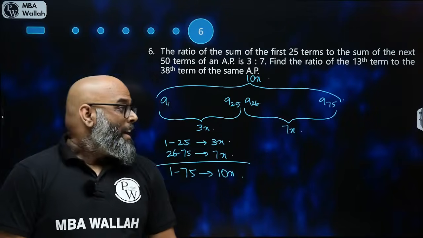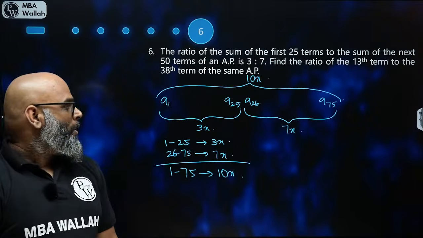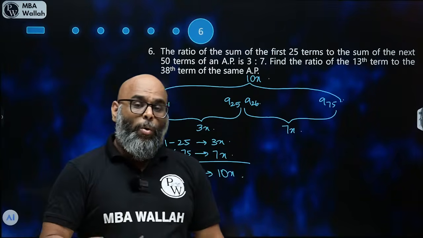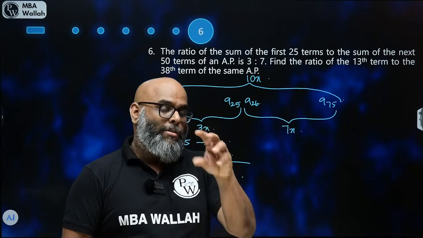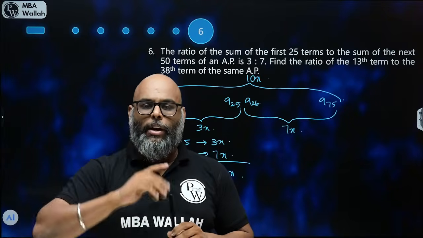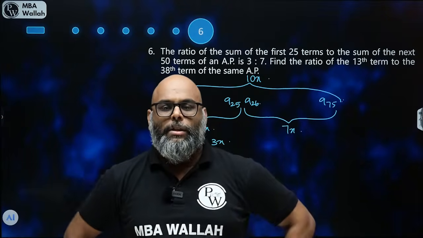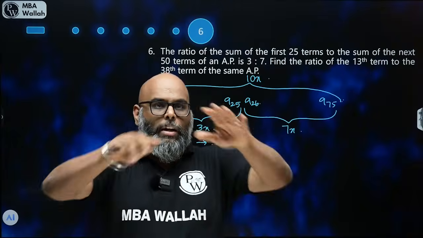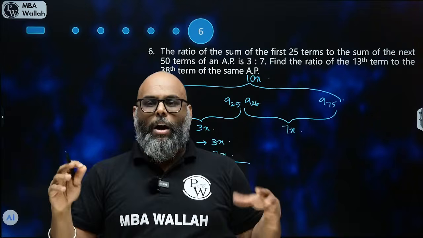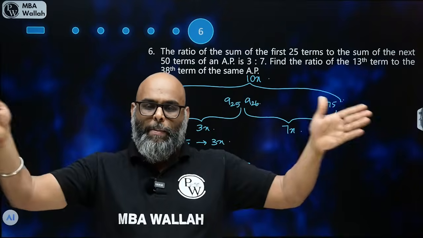Now, they need the ratio of 13th term to 38th term. So, we'll write a ratio. Now, I want to know how do I write sum of the first 25 terms? What is the most convenient way to write sum of the first 25 terms? There are 25 terms in an AP. Forget about this question. Or let's say there are 7 terms in an AP.